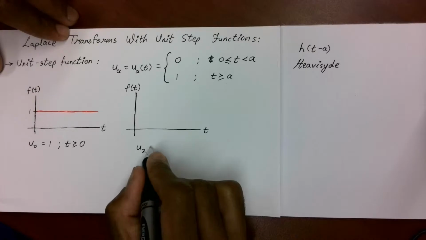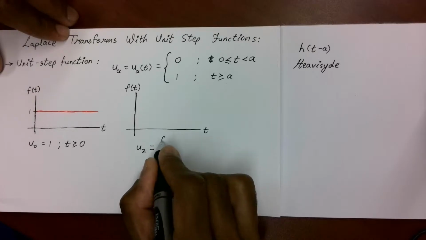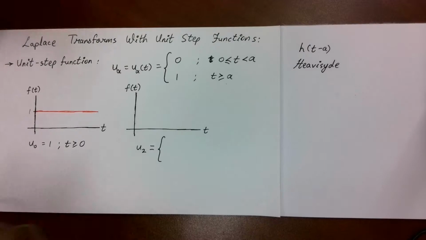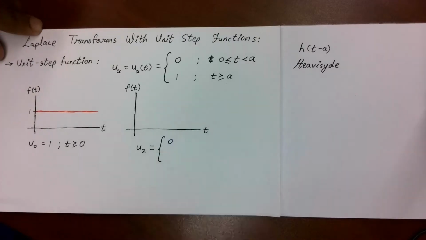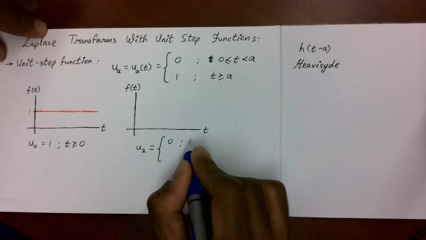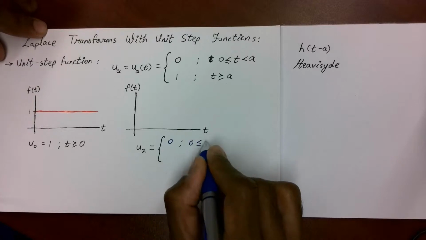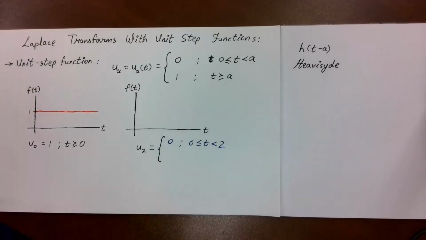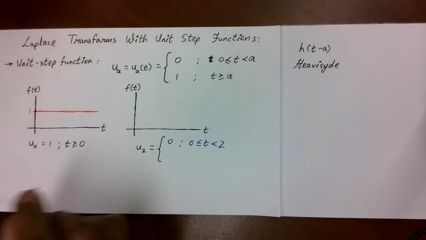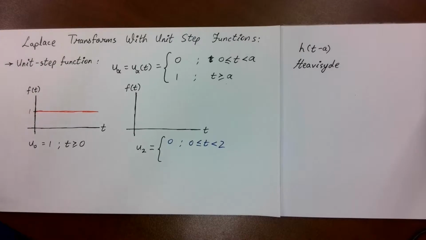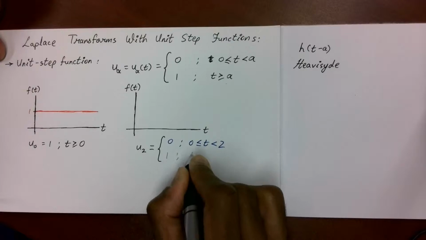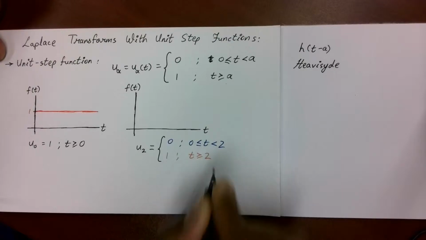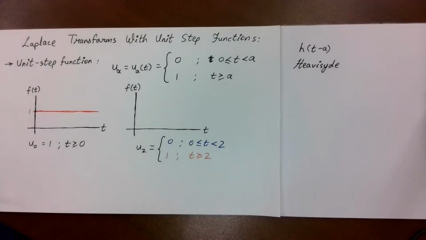If I write this as a piecewise function, it is 0 for the values of t between 0 and 2, and then it's 1 for the values of t at and following 2.